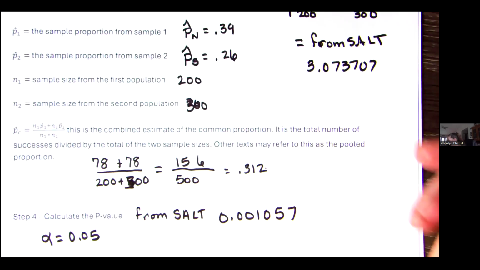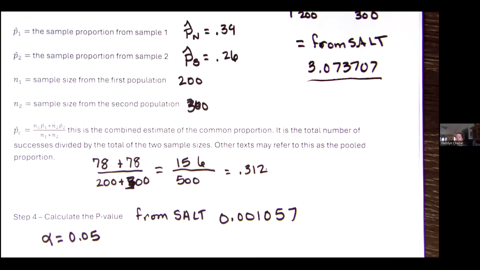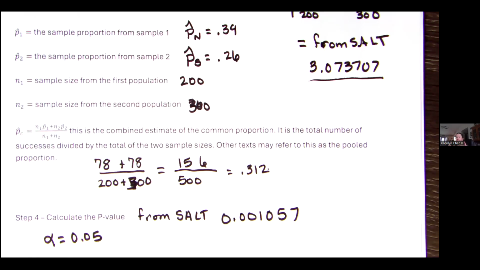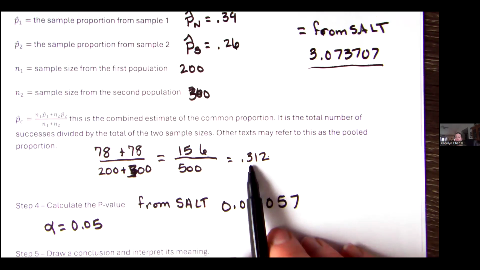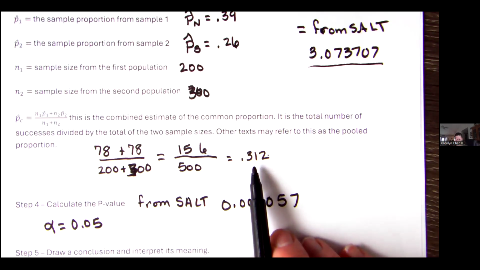So here was that test statistic, which is 3 standard deviations above the mean. So thinking 68, 95, 99.7, we got some little tails up there. Here was that pooled proportion, which we saw in our SALT screen at 0.312.